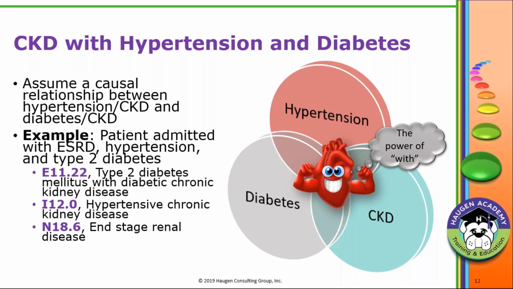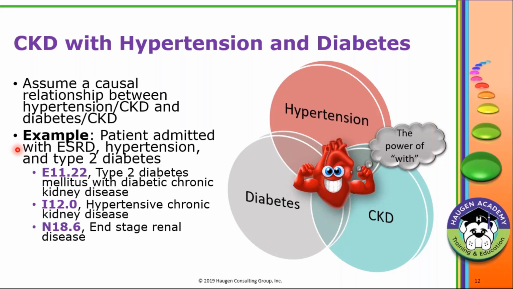So you've got a patient who's got high blood pressure in vessels, and vessels that are weakened by diabetes that can easily deteriorate and affect the kidneys. So the example we gave here is a patient admitted with end-stage renal disease, hypertension, and type 2 diabetes.